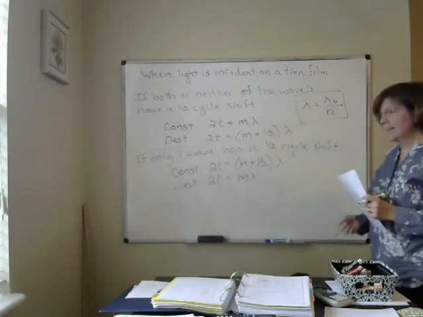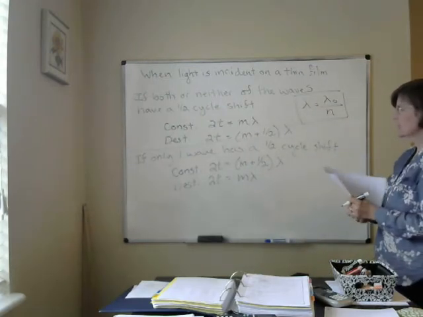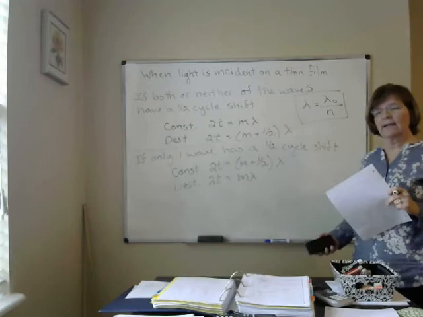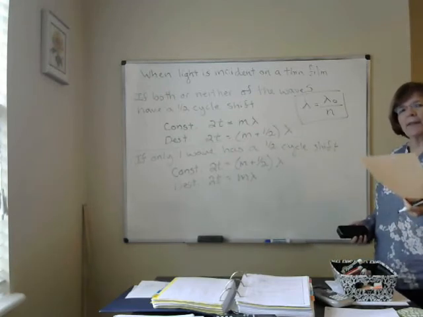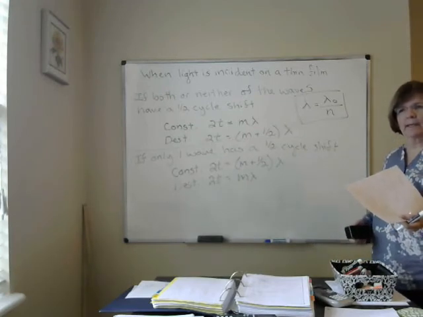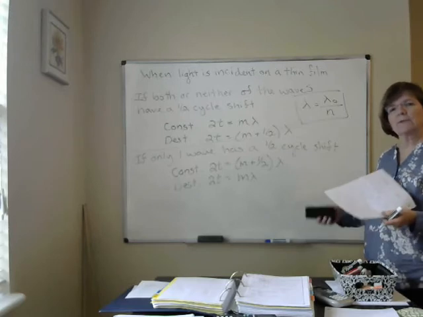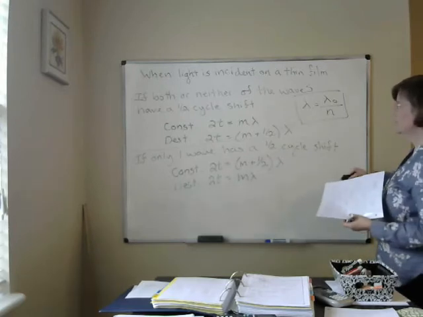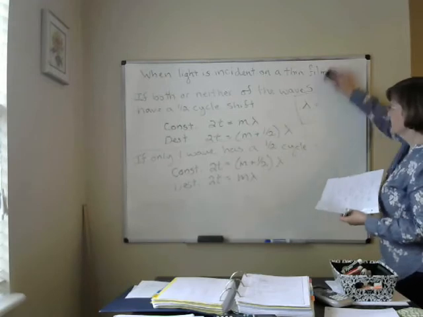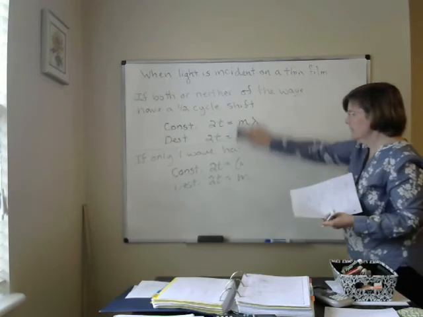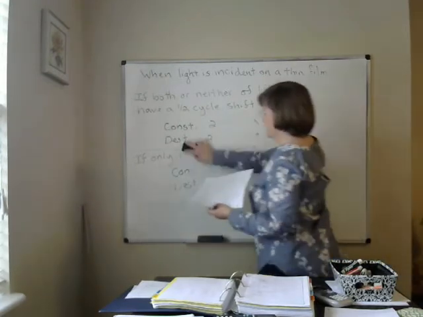Okay, let's look at some examples, because when I do examples, this will be pretty easy to understand. You will have to stop and think on each problem. Is a wave being shifted or is the wave not being shifted? And then what do I need to happen? Am I trying to get constructive? Am I trying to get destructive?